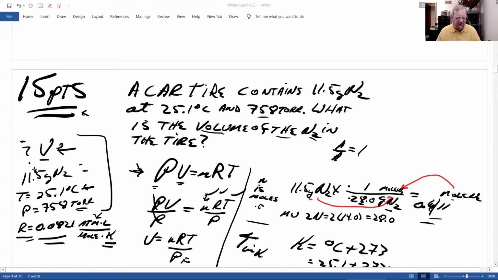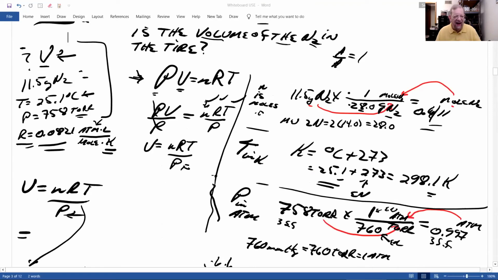As soon as you see a problem dealing with gases and nothing is changing, and you're given more than one measurement, like volume, weight, temperature, and pressure, you know it's PV = nRT, the ideal gas law. And in this case, how do you solve for something? We're solving for V. We want it alone on one side. How do you do that?